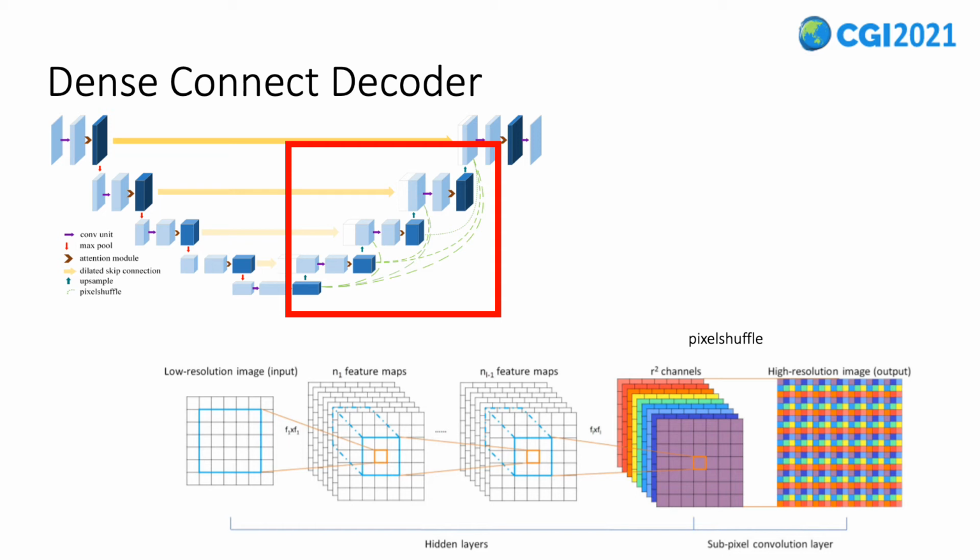For example, when the tensor with 256 channels in the decoder is enlarged by 16 times, the number of channels is reduced to only one, which extremely decreases the computation cost. At the same time, the dense connection of the decoder effectively solves the problem of gradient disappearance in the process of backpropagation.